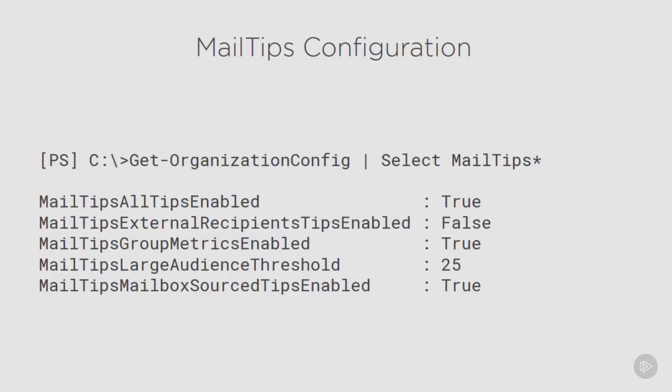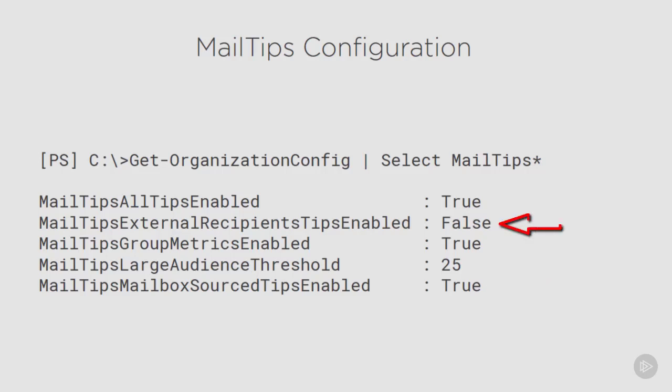The default configuration for mail tips, which is configured at the organizational level, is that mail tips are enabled, group metrics are enabled, which I'll explain shortly, the large audience threshold is set to 25, mailbox sourced mail tips are also enabled. These will warn about issues with specific mailboxes, such as an out-of-office message being enabled or the mailbox being full.